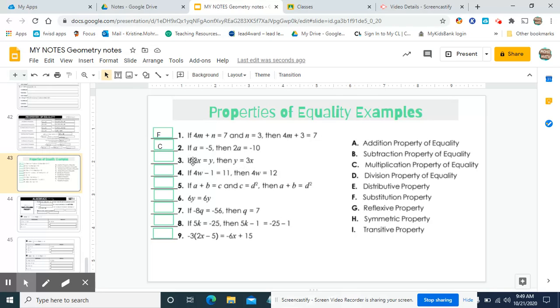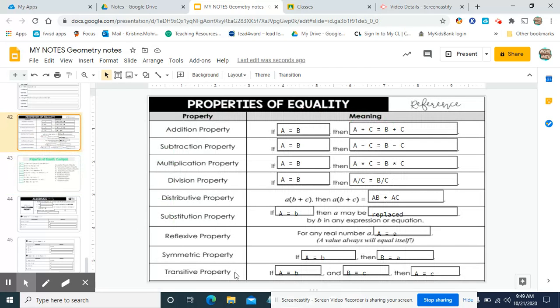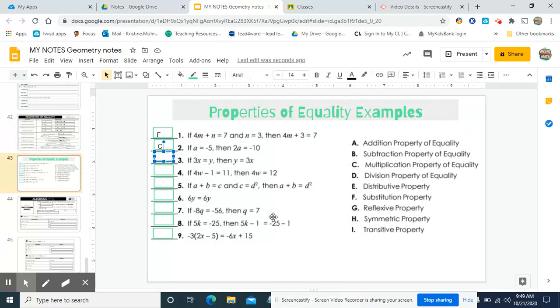Well, we noticed that it basically just flipped around. It still is 3x and 3x, but they're on the opposite sides of the equal sign. So whenever it flips around like that, if we look back, here, symmetric: a equals b, then b equals a. That is our property, where it flips. It's just saying that either way that you write it, it means the same thing. So symmetric for that one, letter H.